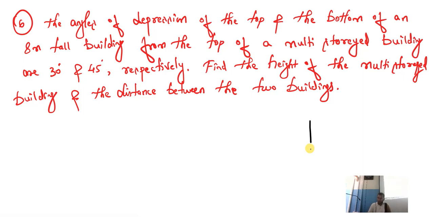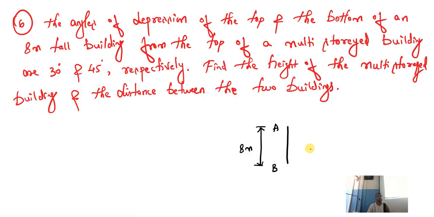See here, this is a building, an 8-meter tall building. Let me name this building AB. Clear? AB is an 8-meter tall building.